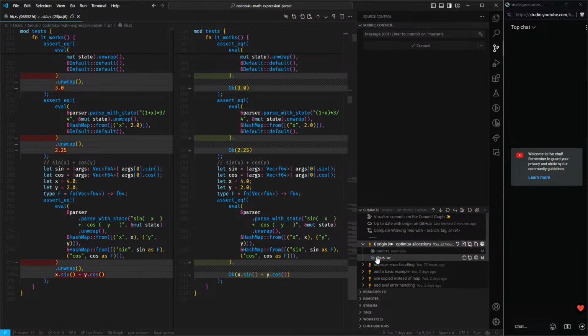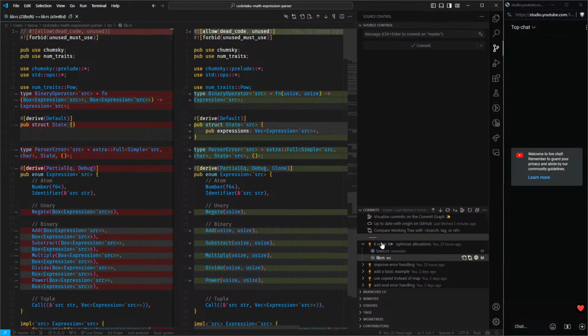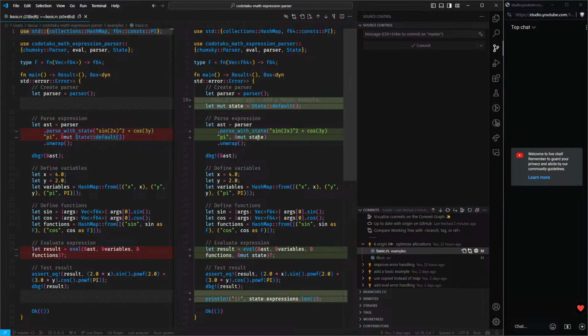For optimizing allocations, we have done quite a bit. So first of all, here's what the example looks like right now. We have actually made the state into its own variable because we need it in the eval function too, I think. Either way, we parse with state, we pass in the state, and in the eval we get the result.